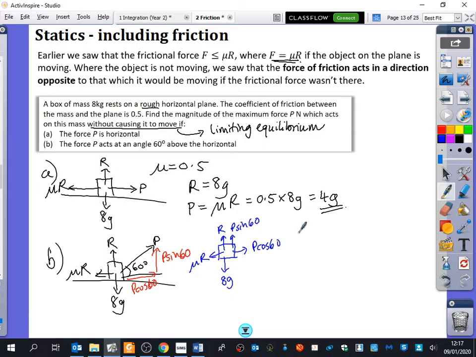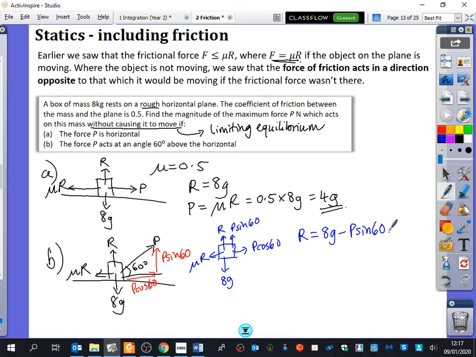So the first thing we would want to work out is that R is equal to 8G minus P sin 60. You can see here, R plus P sin 60 equals 8G. So R is equal to 8G minus P sin 60.